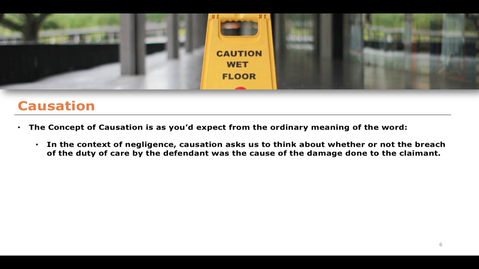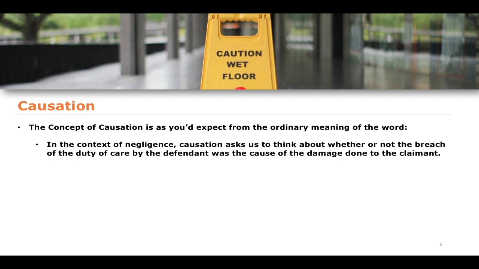So far, all that we have established is that there was a duty of care, that duty of care had been breached, and that there was some damage that had happened to a claimant, okay? But we haven't yet considered how the breach of duty causes that damage, because that is what's required, okay?